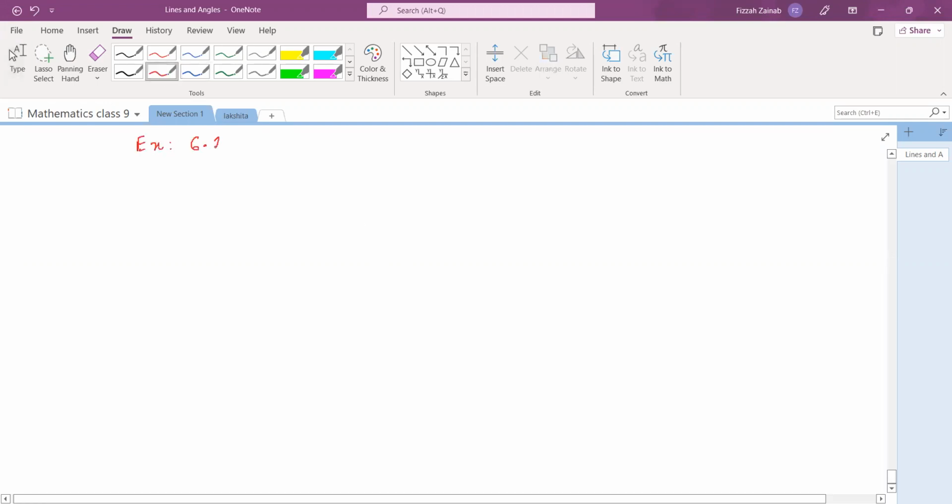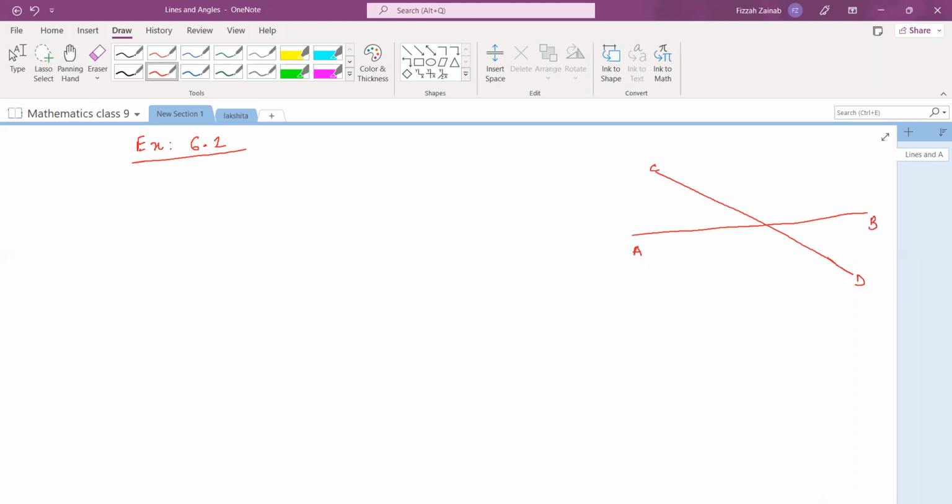Exercise 6.1. Now the question is this. You have two lines here, like this, if you can see the figure: A, B, C, and D. Let me bring the screenshot. Just a minute.